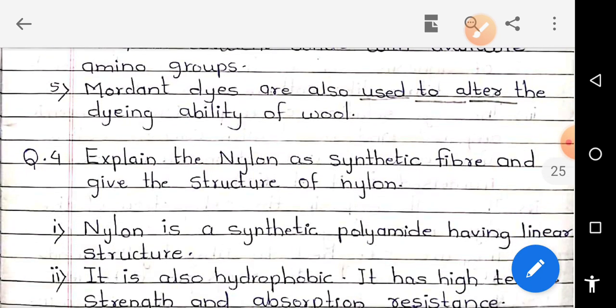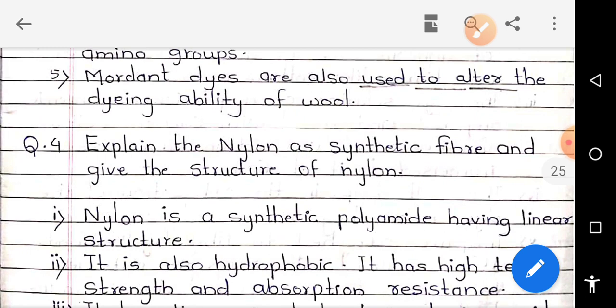Modern dyes are also used to alter the dyeing ability of the wool, so this type of dyes are helpful for the various processes and dyeing of the wool fibers.